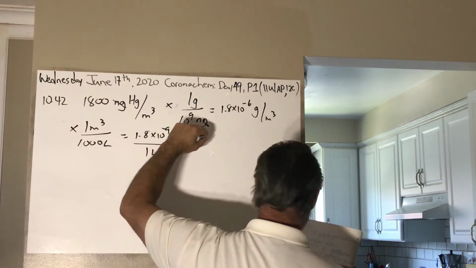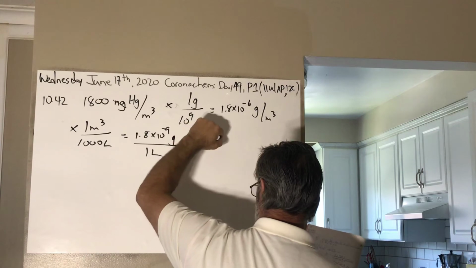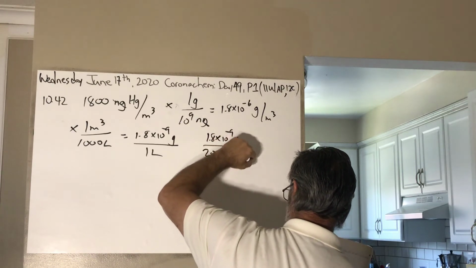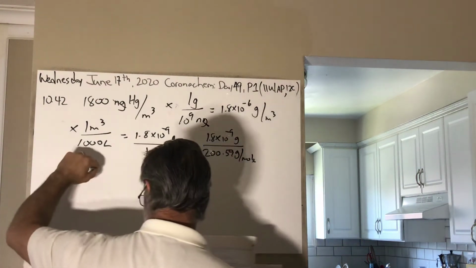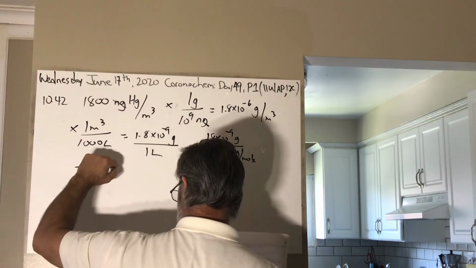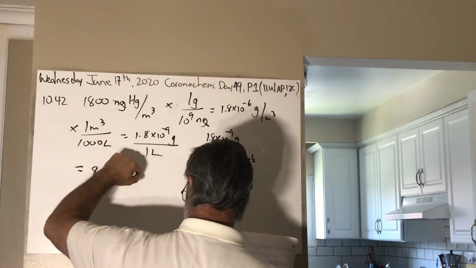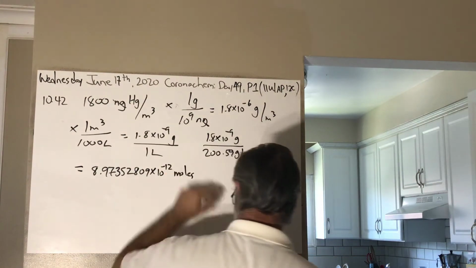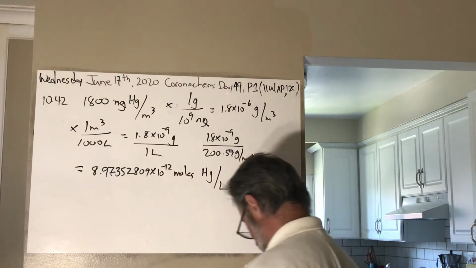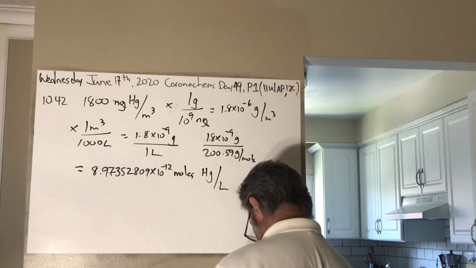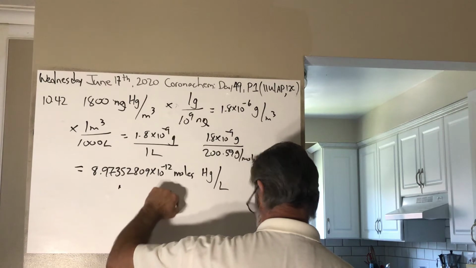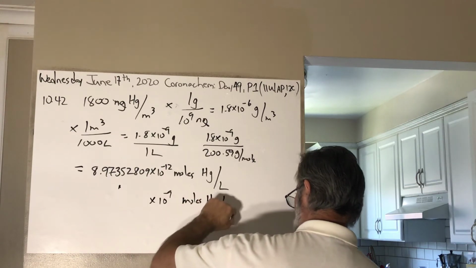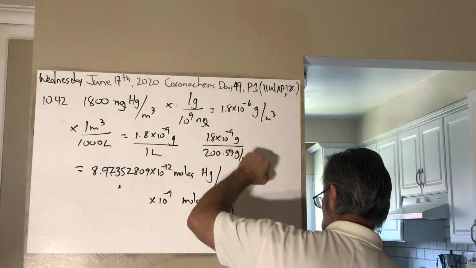And if we recall that mercury has a molar mass of 200.59 grams per mole, that gives you 8.97352809 times 10 to the negative 12 moles of mercury per liter of air sampled near Mount St. Helens, which is the same number times 10 to the negative 9 moles of mercury per cubic meter, because you have to multiply times 1,000 liters per meter cubed.